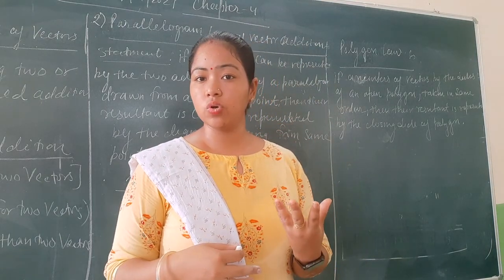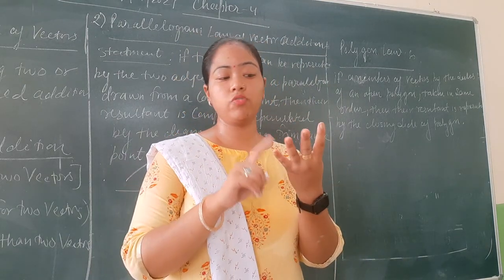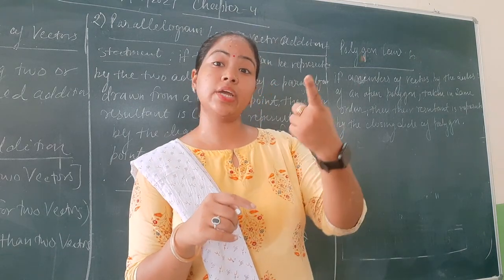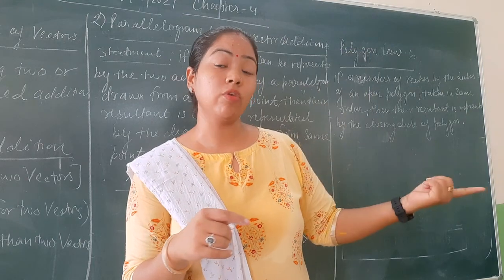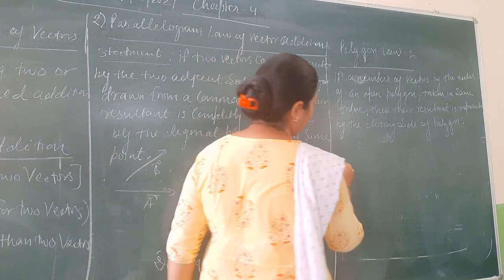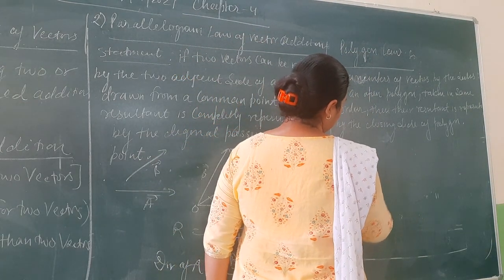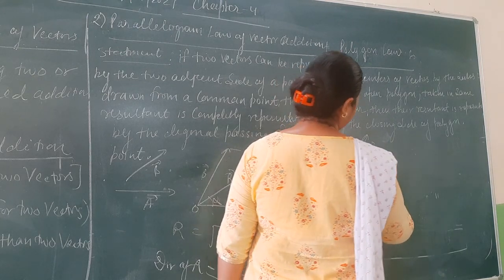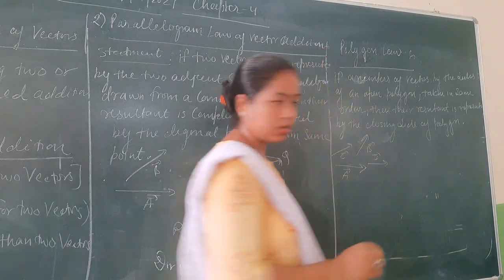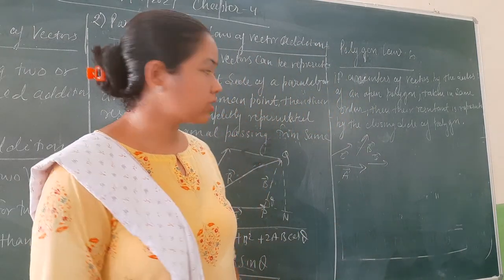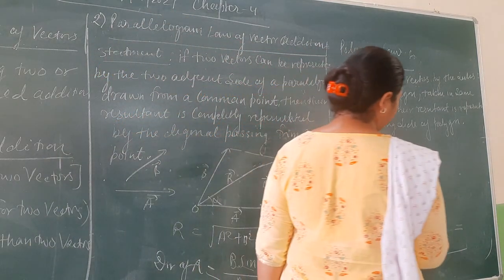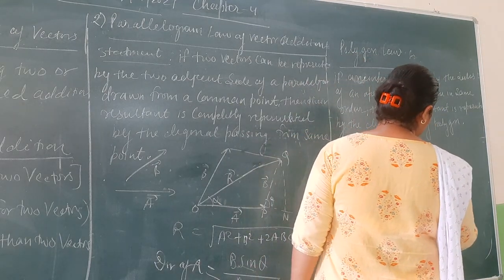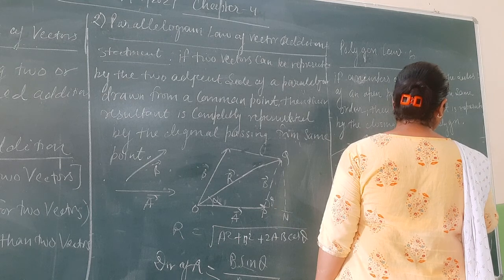If you have four vectors, those four vectors will represent the open sides of the polygon, and the closing side of the polygon will represent the resultant of those vectors, right? Suppose you have vector A, vector B, vector C and vector D. Now we'll arrange these four vectors in the form of a polygon. This is vector A, this is vector B, taken in the same order.